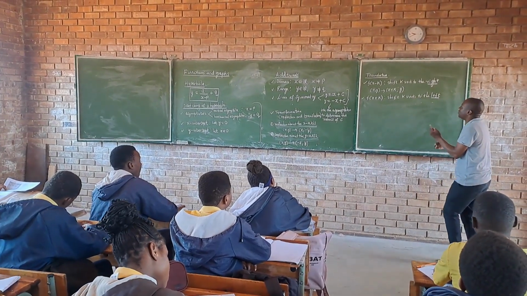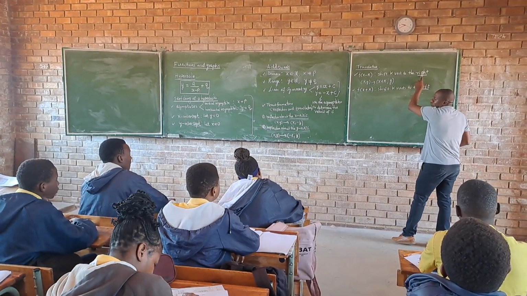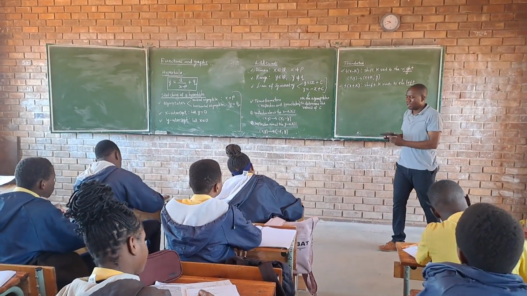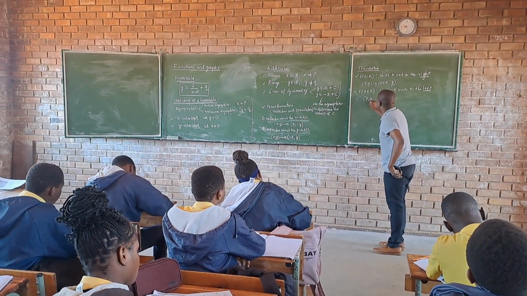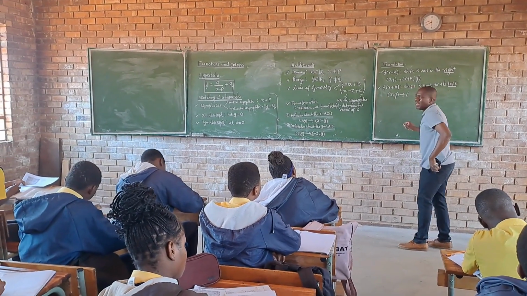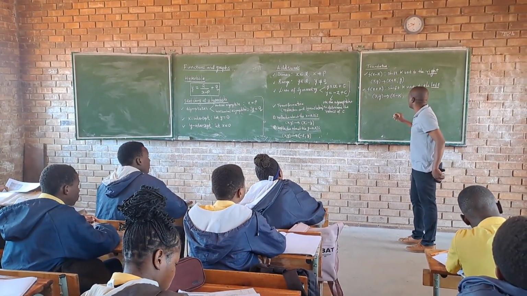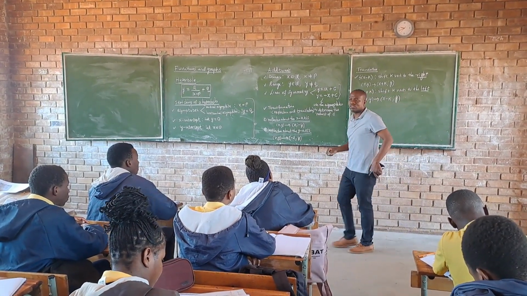It's inside the bracket, so it's going to affect the x. As a coordinate, a function shifting to the left means the value of x has to decrease by k. The value of y is not changing.